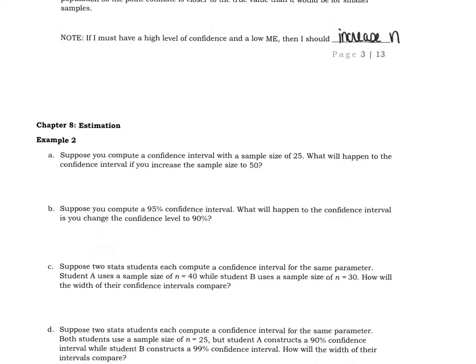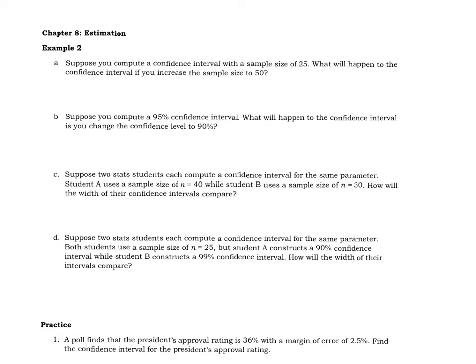All right, so let's take a look here at some examples and see how we can put this into practice, okay? You compute a confidence interval with a sample size of 25. What happens to the confidence interval if you increase the sample size to 50? Okay, so do you expect as you ask more people, are your results getting more accurate or less accurate in terms of describing the population?